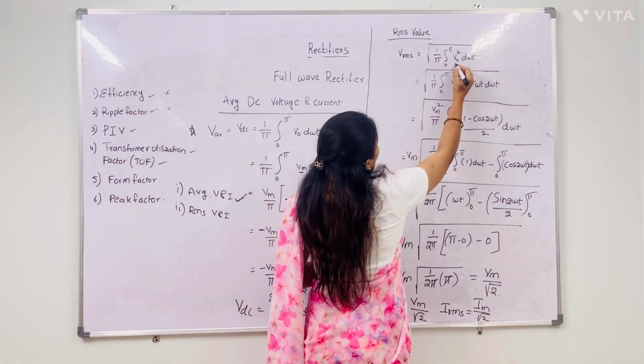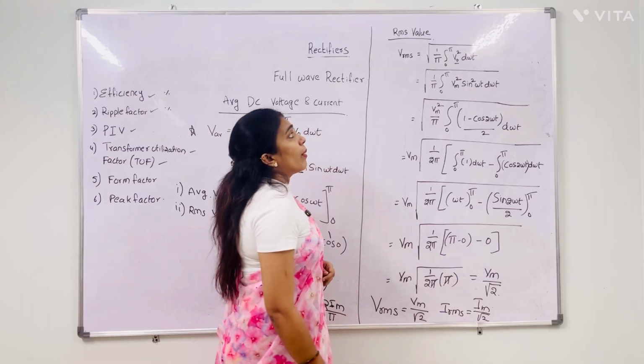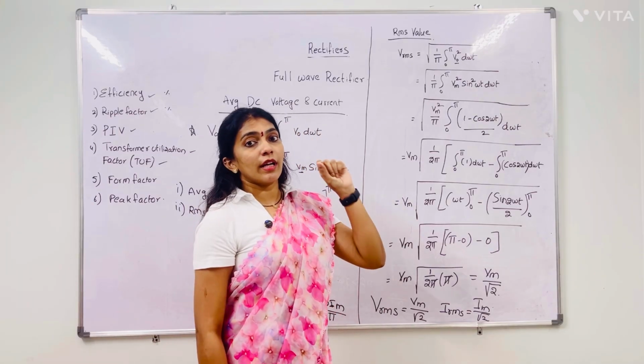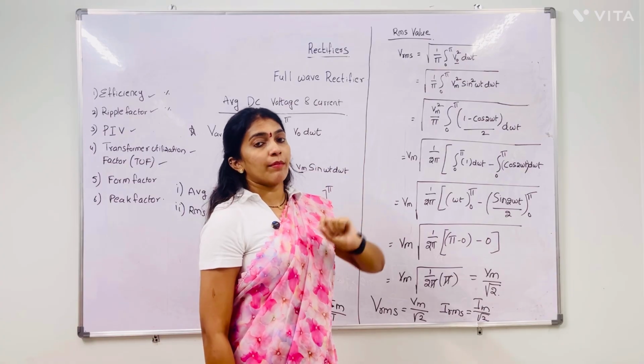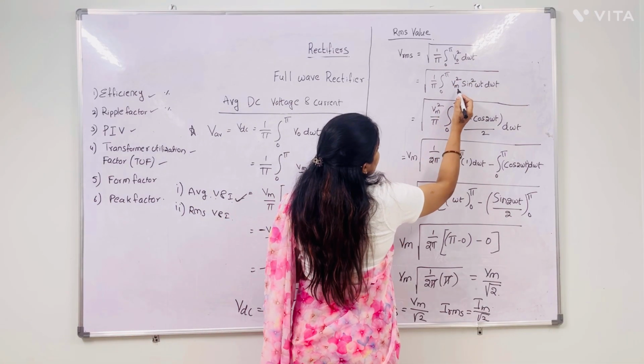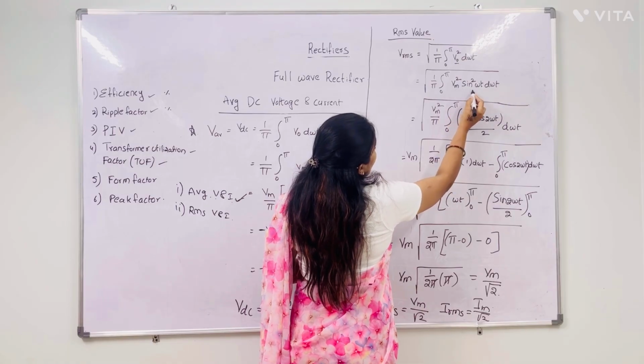Instead of V naught, we know the formula for V naught. The limits are from 0 to pi, so I am simply writing Vm sin omega t.